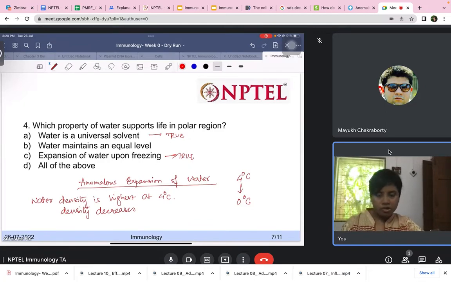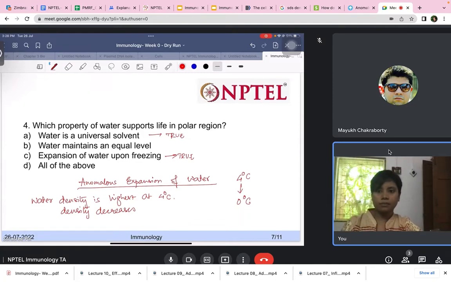Because of which it expands in volume. We know that the volume of the same amount of water is lesser than the volume of the same amount of ice. So when it freezes, it expands in volume, and because it has less density, it comes up to the surface of the water bodies.